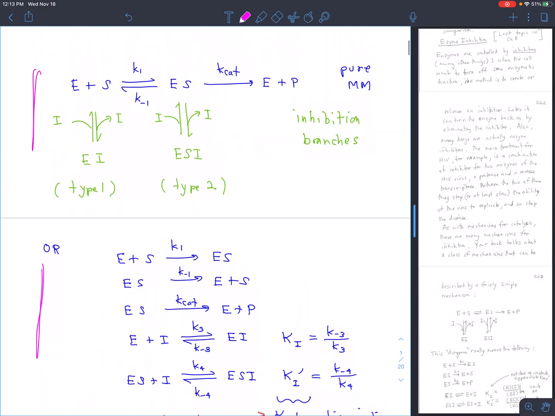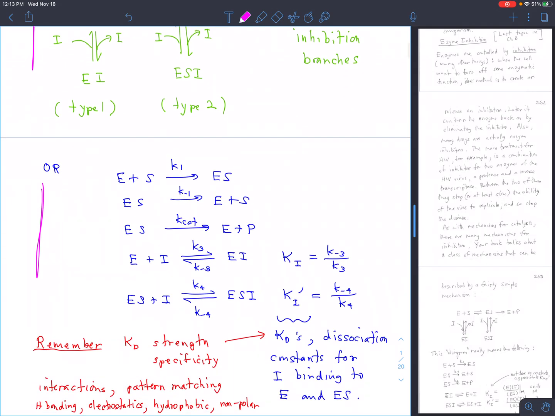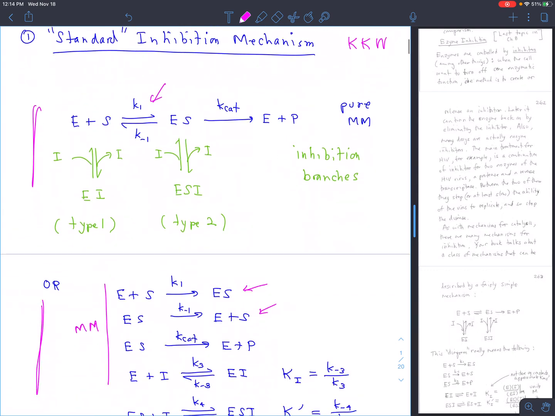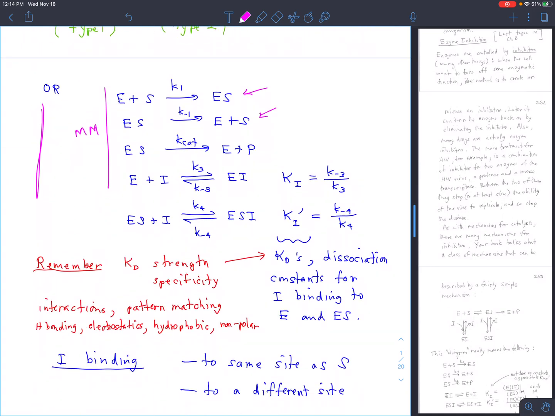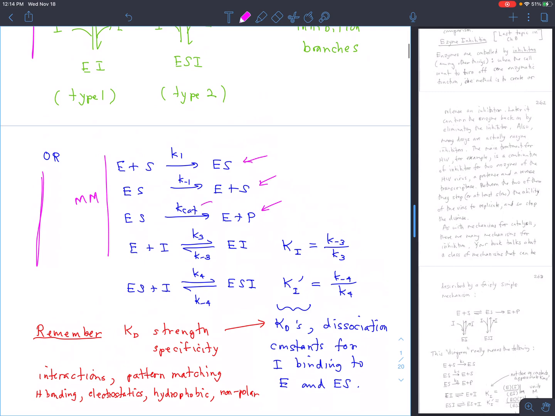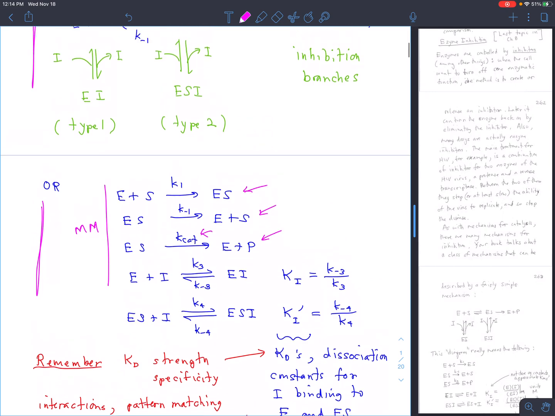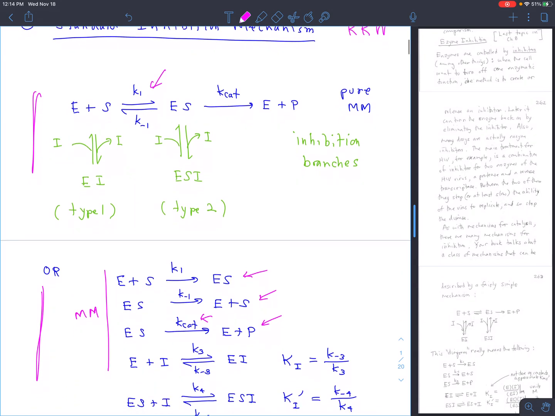So for Michaelis-Menten itself, that's this part, the enzyme and the substrate form the enzyme-substrate complex. The enzyme-substrate complex can fall back apart, right? That's this first part here, to form enzyme and substrate again, or it can go on to form with this rate constant, this important rate constant Kcat or K2, enzyme plus product. That's this step.